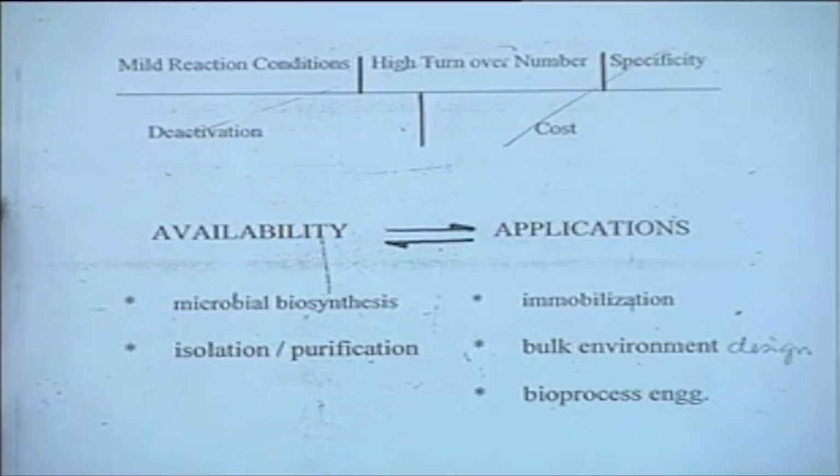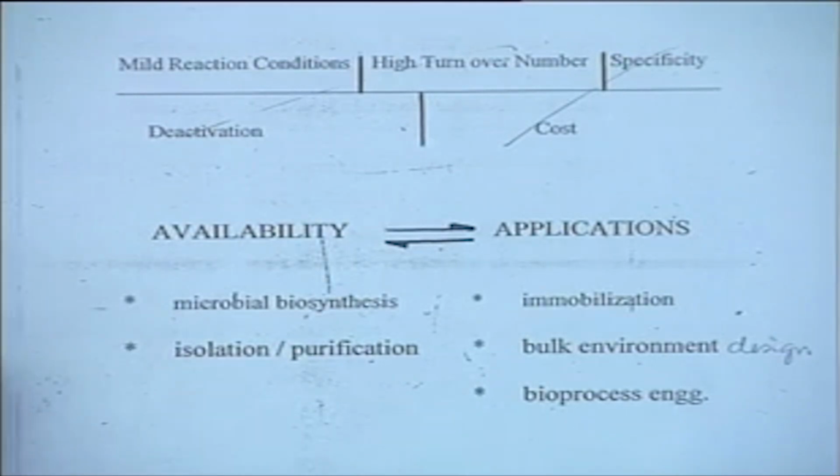That is basically because their whole function is dependent upon a very subtle conformation, and if that conformation is disturbed, and all this conformation is a result of not only covalent interactions, but of a large number of non-covalent interactions which can be disturbed very easily. And that is why under very close reason the deactivation of enzymes can occur, and deactivation from the industrial point of view is some kind of a loss.